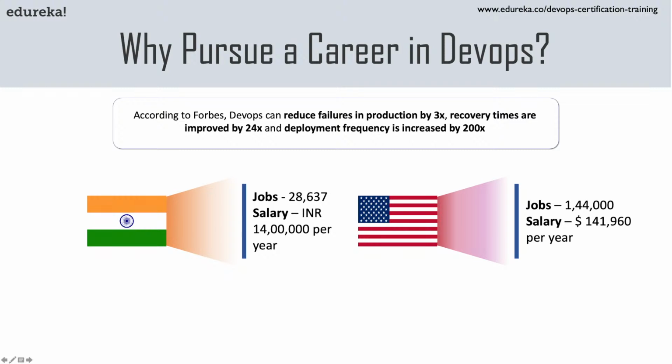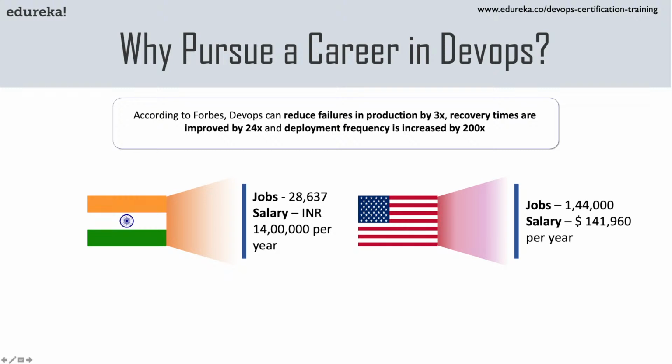So if you see in India alone, there are 28,637 jobs on just one job portal. So these numbers are from Naukri.com. So there are 28,637 open job positions which are ready to be applied on, but they have not been filled yet, right? And the average salaries across all these jobs, which is 28,000 odd jobs, is 14 lakhs per annum, which is a good salary considering the other job profiles which are out there, right?